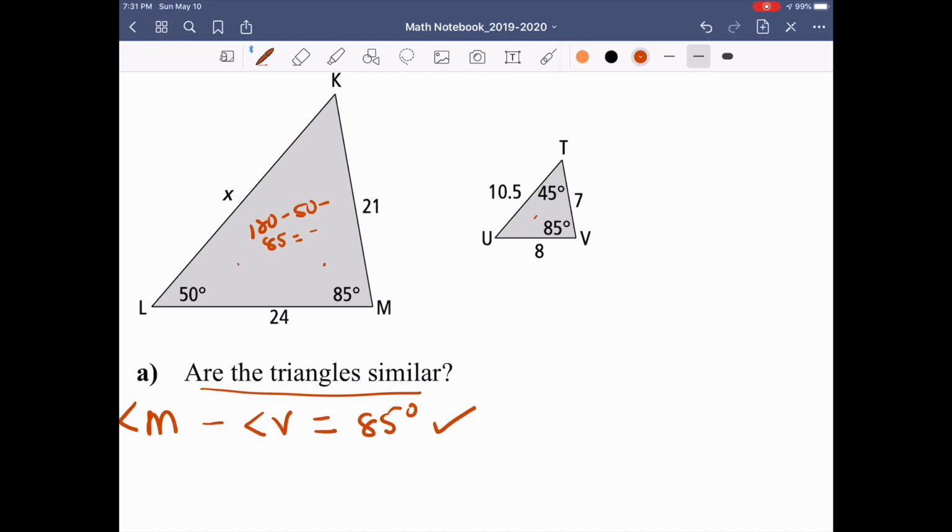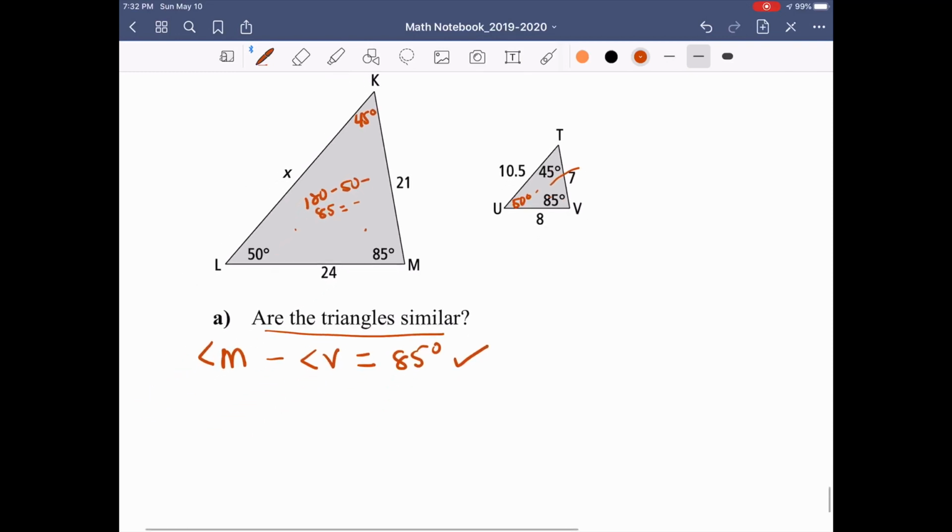So when we do 180 minus 50 minus 85, we would get 45 for this missing angle. And then if we do the same thing here, 180 minus 85 minus 45 gives us 50 degrees for this angle. So that means that angle K, which corresponds to angle T, they're both equal to 45. And angle L, which corresponds to angle U, they're both equal to 50.